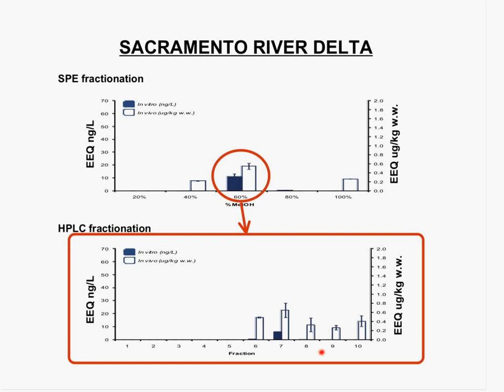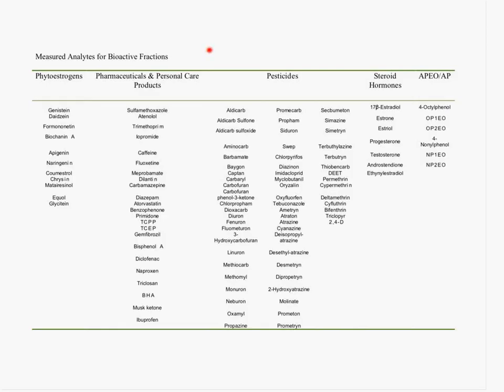But we evaluated for steroid hormones as well as a host of different compounds, and this is where our collaborations with the chemists come into play, including a number of phytoestrogens, a number of PPCPs, a number of pesticides. I think we had 54 different pesticides in there, steroid hormones, and these surfactants.